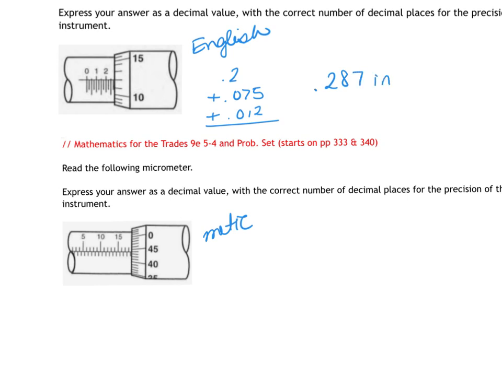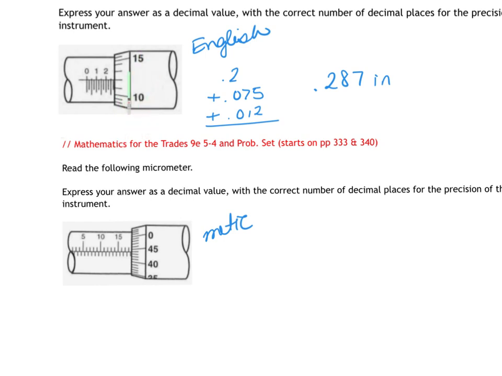So again, the way I did this is I looked to see on the sleeve what's the whole number I see here, which is 2, and that represents 0.2 of an inch. Then I look to see how many tick marks. Since that's 0.2 of an inch, this first tick mark is 0.025, the second tick mark is 0.05, and the third tick mark is 0.075.